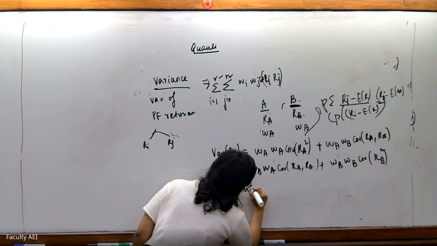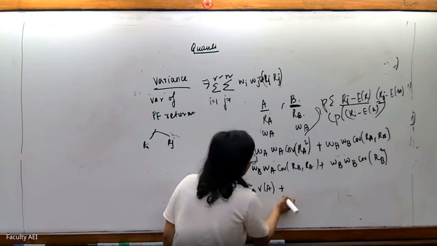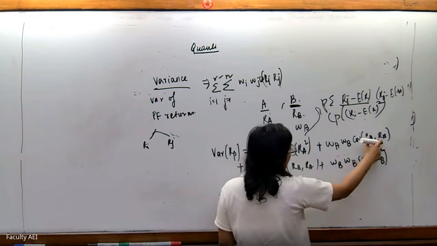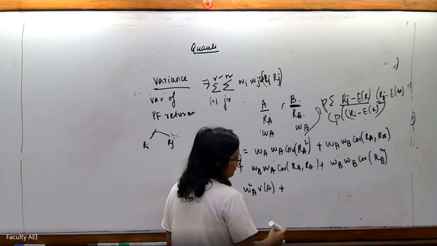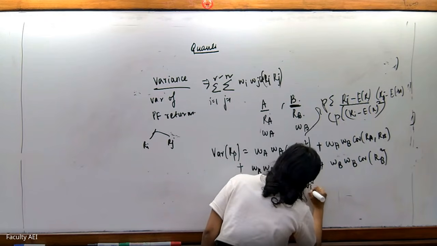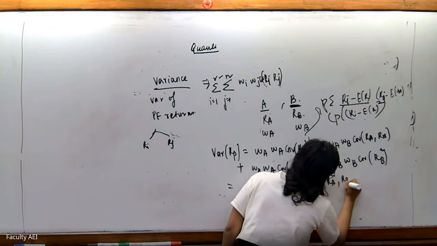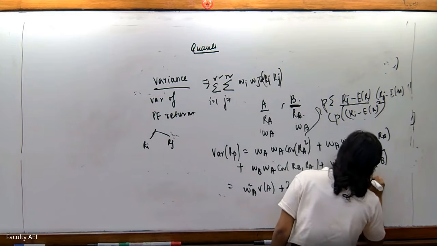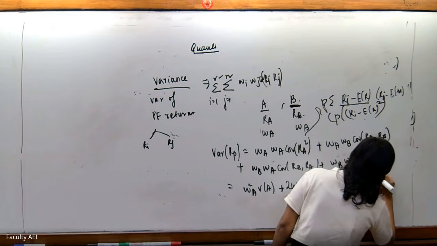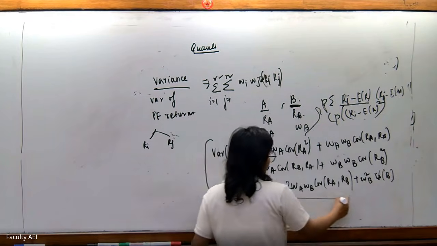So I can write weight squared A into variance of A, plus, since covariance RA, RB is the same as covariance RB, RA, 2 into weight of A, weight of B, covariance RA, RB. Similarly, weight squared B, variance of B.